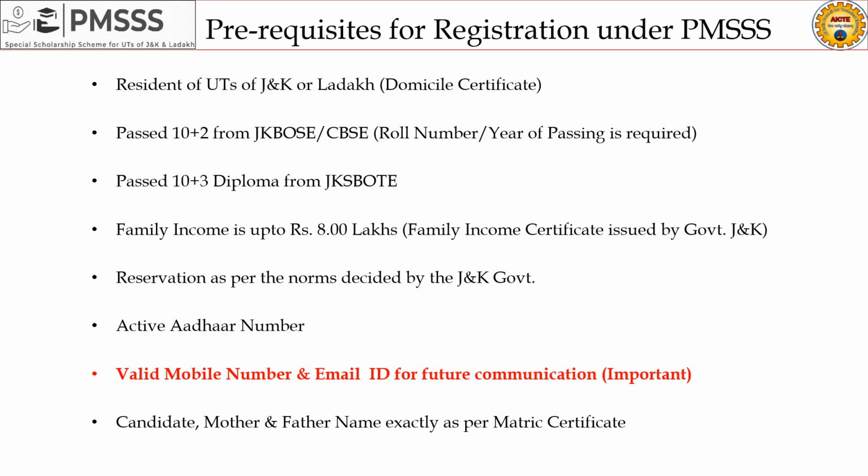The student should have an active Aadhaar number. The student should have a valid mobile number and email ID for future communication, which is very important. Candidate's name, mother's name and father's name should exactly match as per matric certificate and the records received from respective boards, that is JK Bose, JKS board and CBSE.